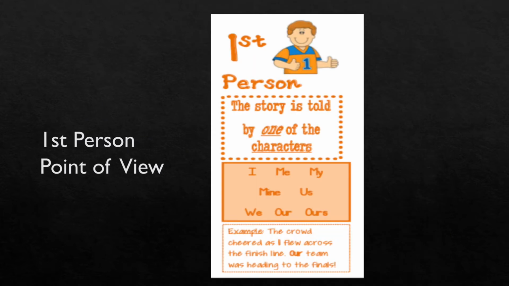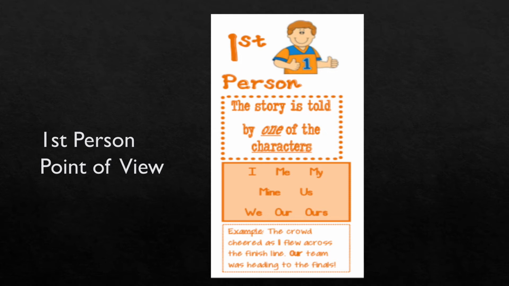Let's discuss first person point of view. When a story is being told using the first person point of view, it means the story is actually being told by one of the characters.